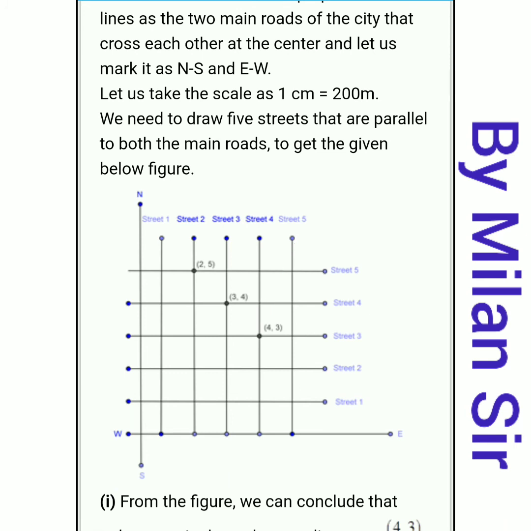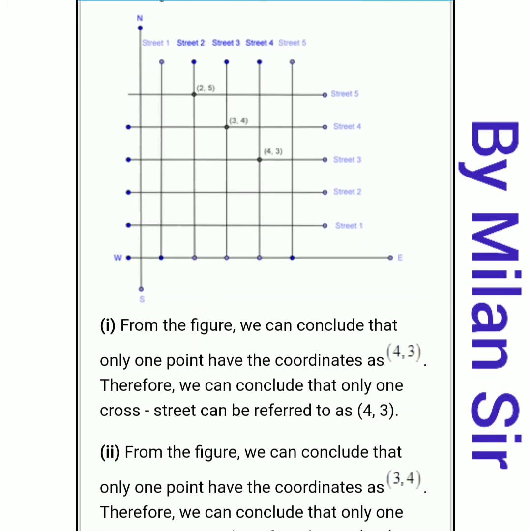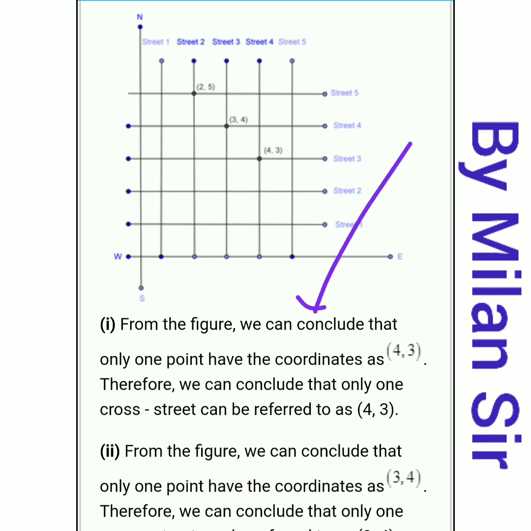Now we have only 1 point, so we write: from the figure we can conclude that only 1 point has the coordinate (4, 3). Therefore only one cross street can be referred to as (4, 3).